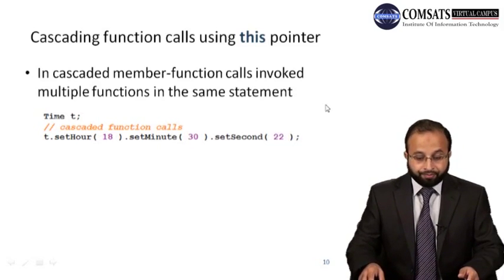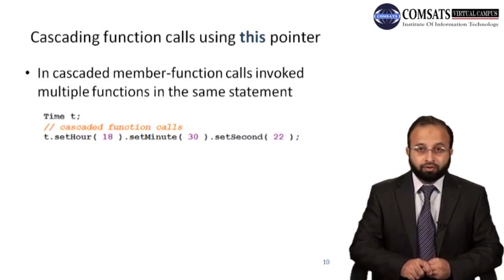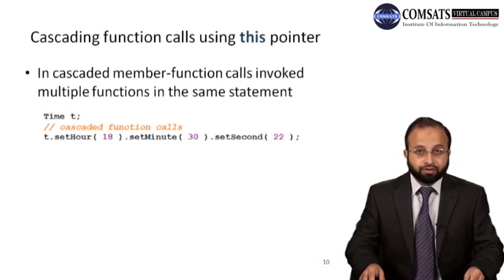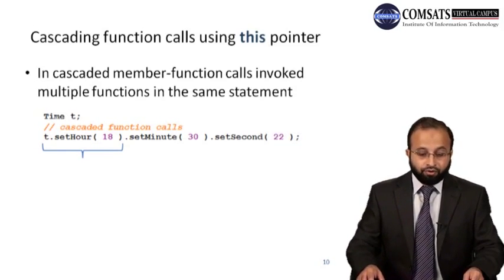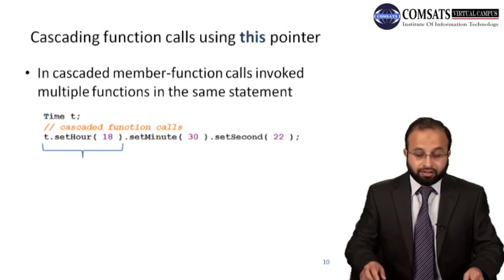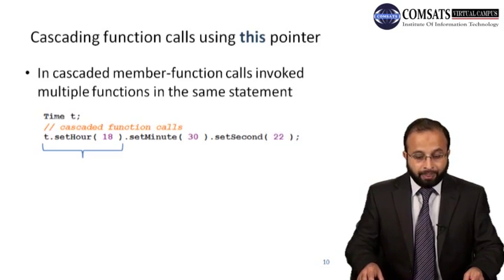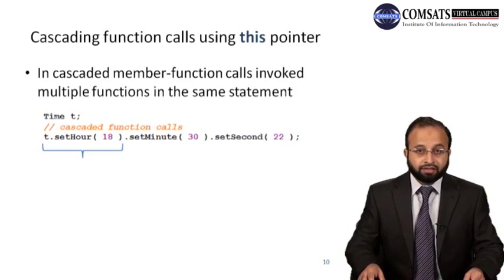Now in this case, the associativity of the dot operator is from left to right. So we will solve the leftmost call first. The setHour member function is invoked by the object t, and when it is invoked, it will set the hours of the object t.